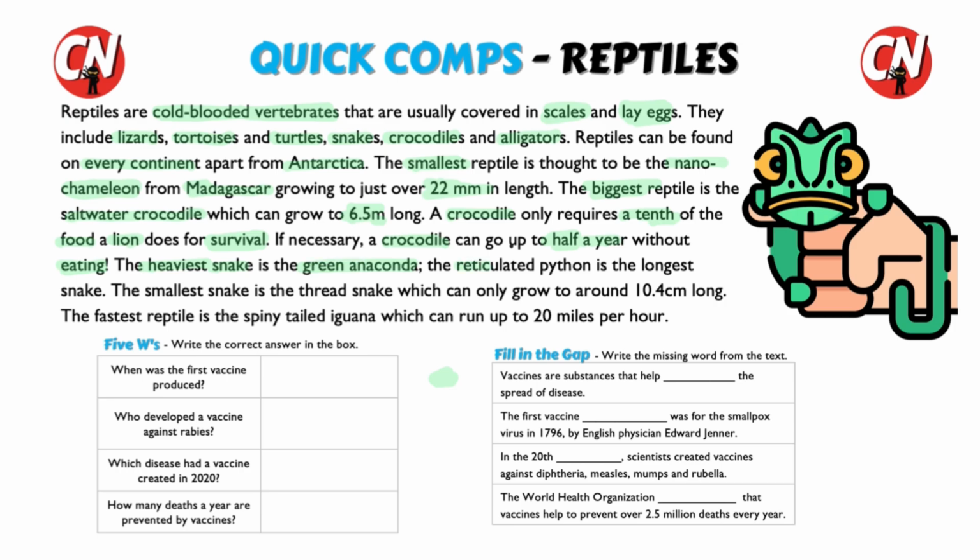The reticulated python. And here, reticulated, you might have no idea what that means. It doesn't matter. All we're trying to do, if we think about the strand of the question, is retrieval of information. You're never going to get a question asking what reticulated means, unless there's a really odd vocabulary question, but there won't be.